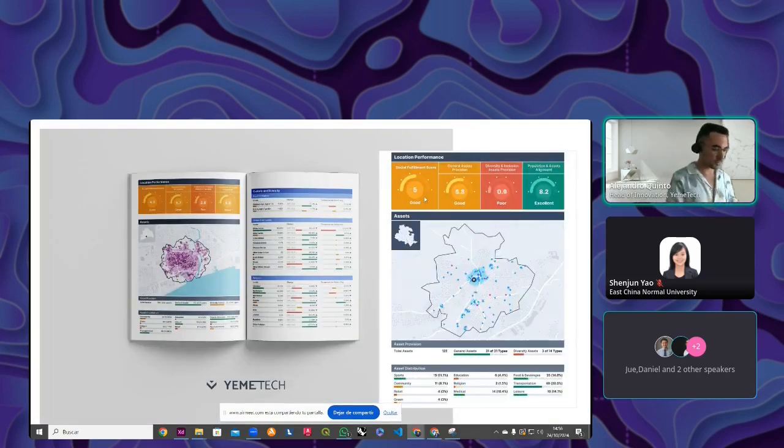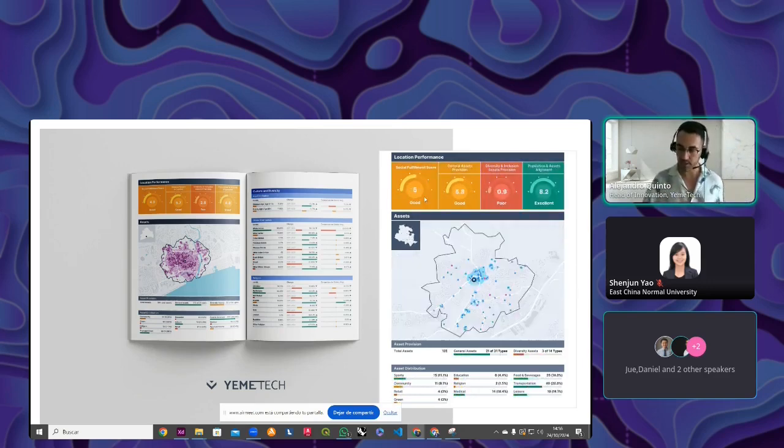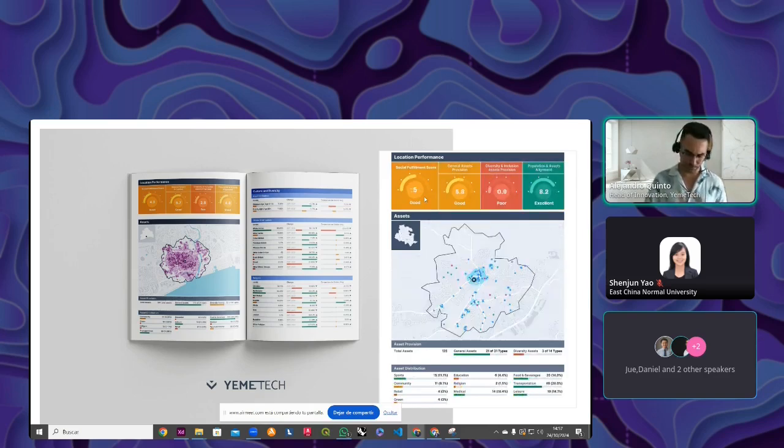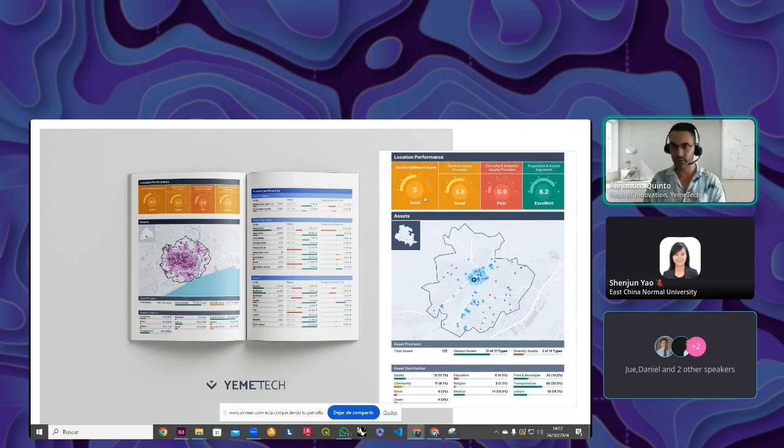Ultimately, we also transform this into powerful spatial analysis that is useful for municipalities and private companies for decision making.